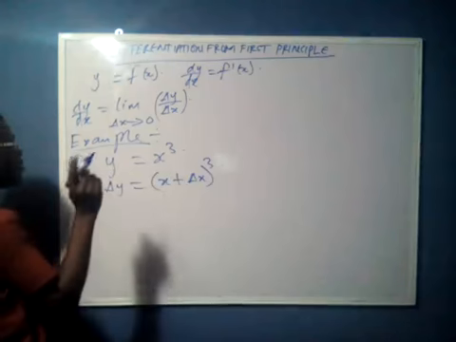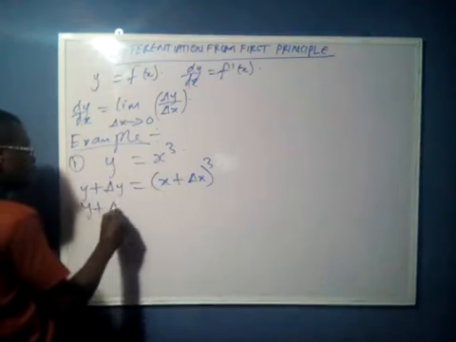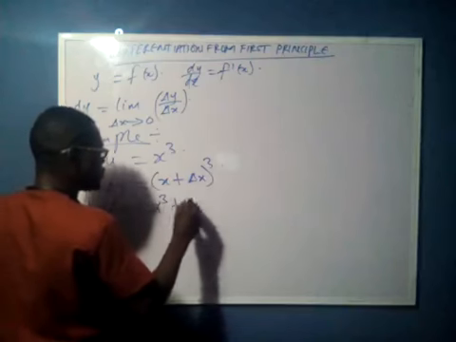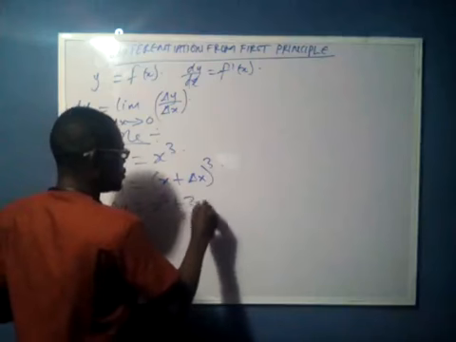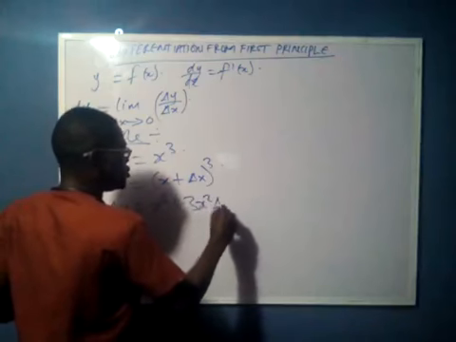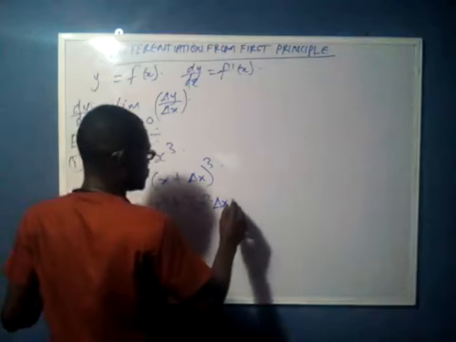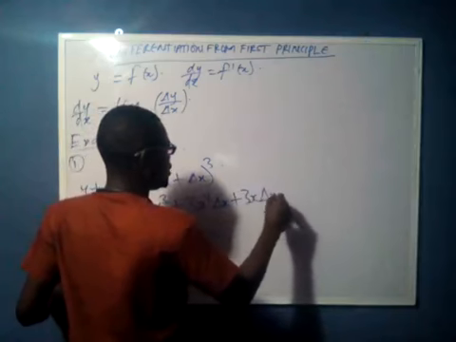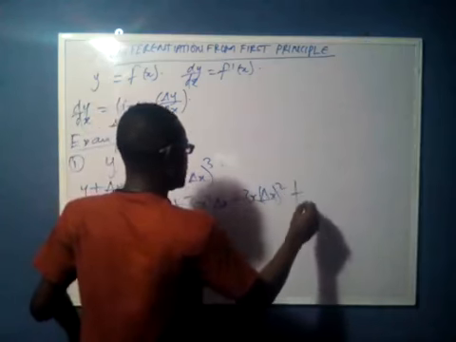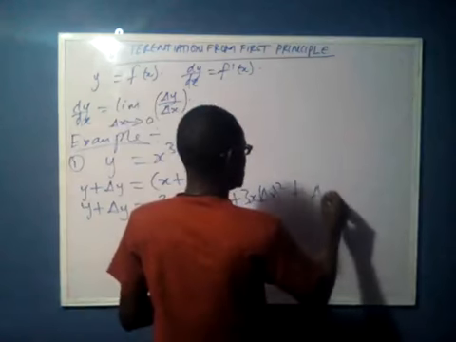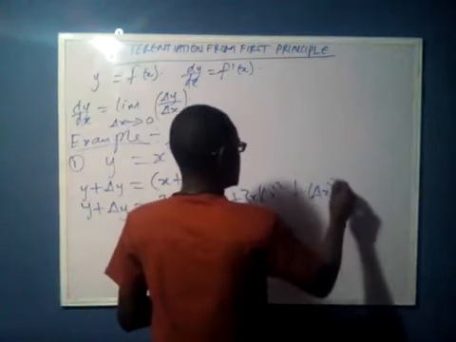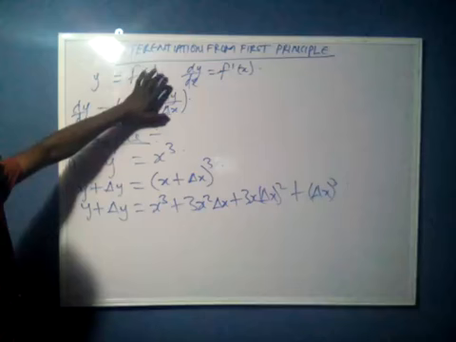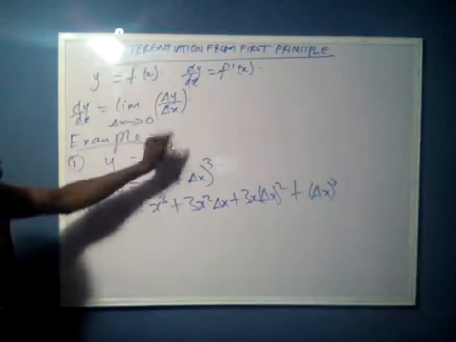So we're going to have y plus change in y equals, opening this bracket, x cubed plus 3x squared change in x plus 3x change in x squared plus change in x cubed. Don't forget, what we are driving at is the expression change in y over change in x.